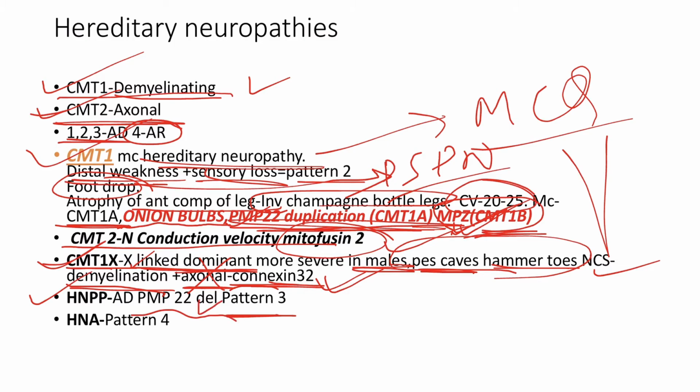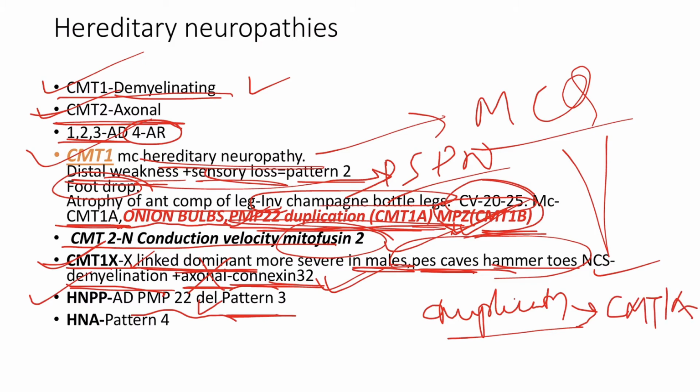So this duplication is your CMT1A, whereas the HNPP is deletion of PMP22.